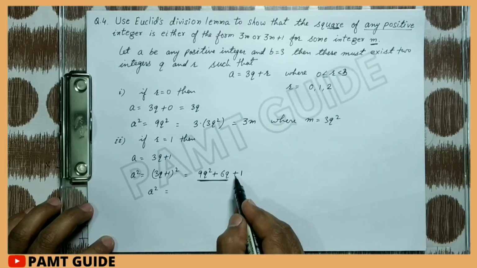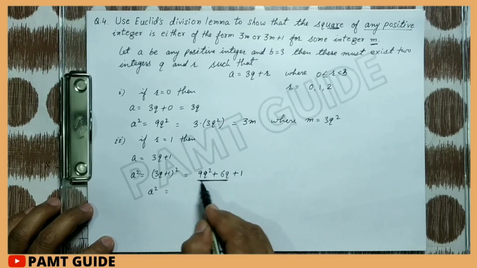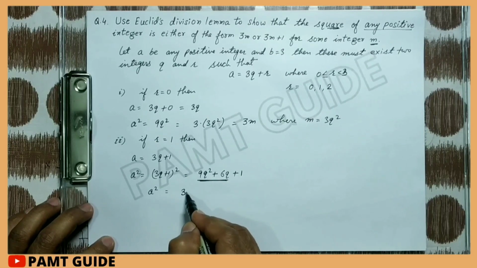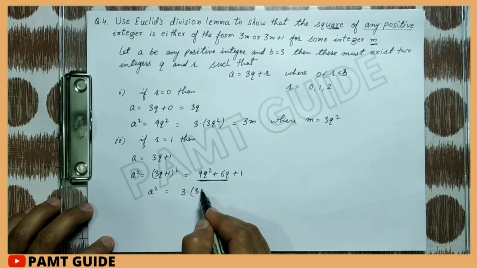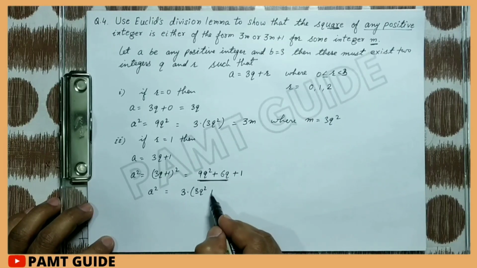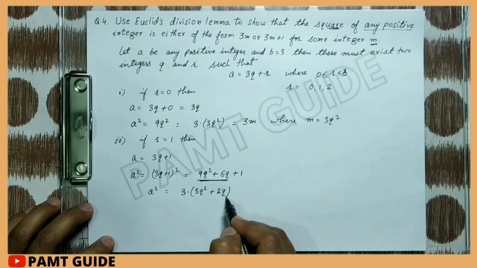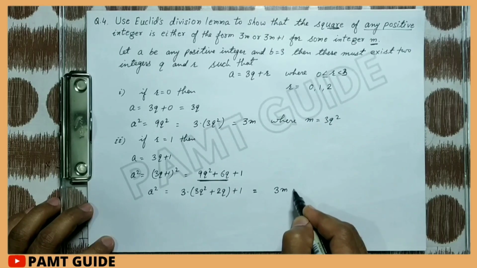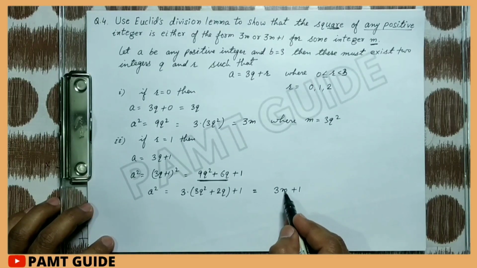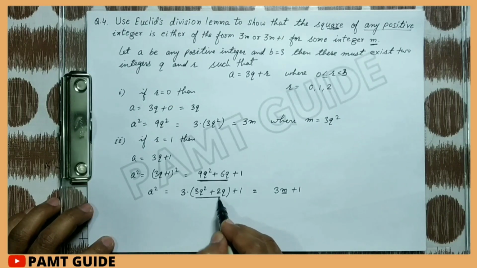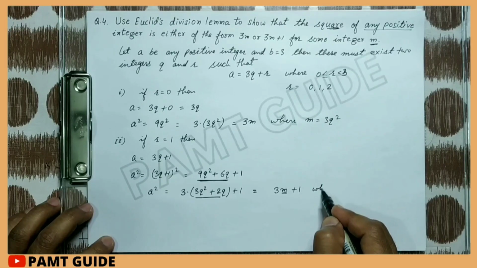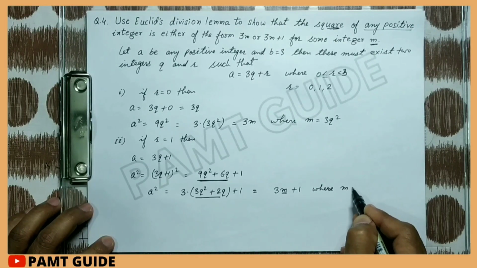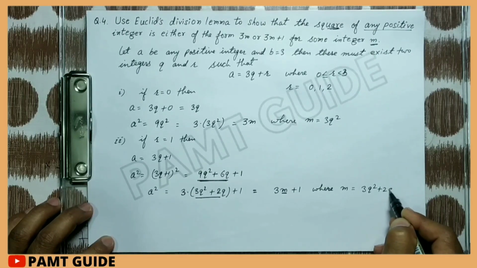So taking 3 common, 3 3s are 9, 3q square, 3 2s are 6, 2q, and the 1 is left. So we write it in the form of 3m plus 1, where m equal to 3q square plus 2q.